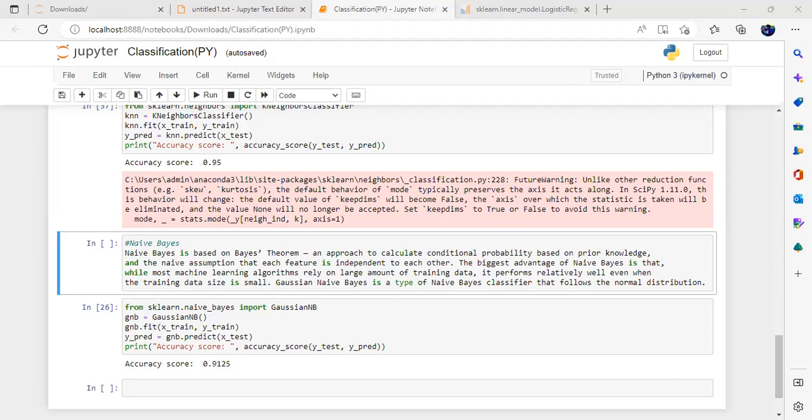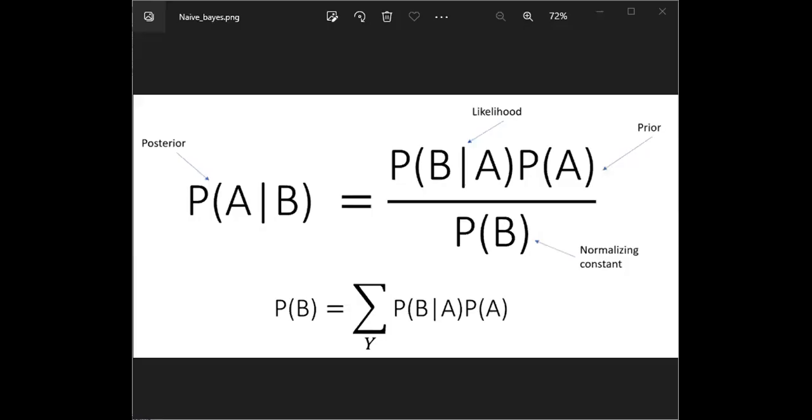We will explain it one by one, but in a very short time I will show you the formula for the probability, how naive Bayes calculates this probability. So this is your formula for naive Bayes: probability of A given B, probability of B given A, into. I hope you are aware of this. If you belong to IT, electronics or statistics, you have this formula, and you even know the formula for entropy.